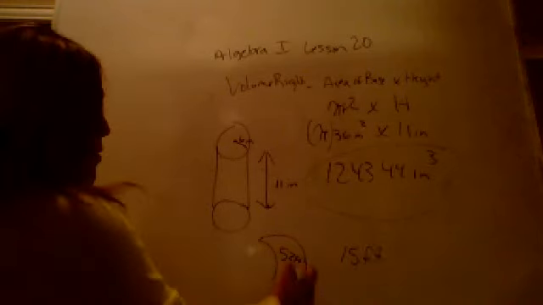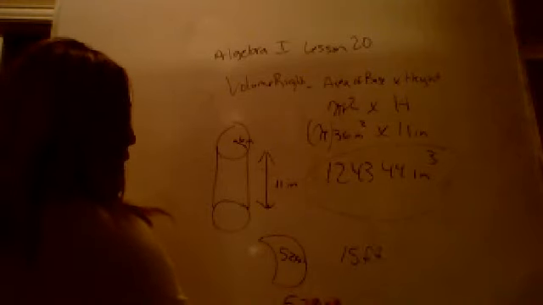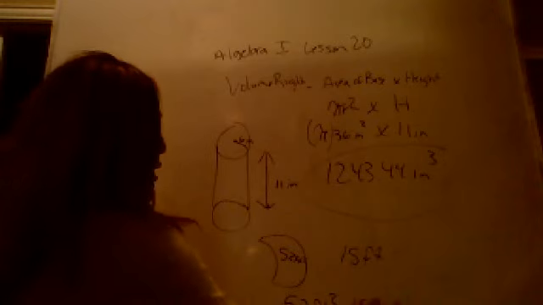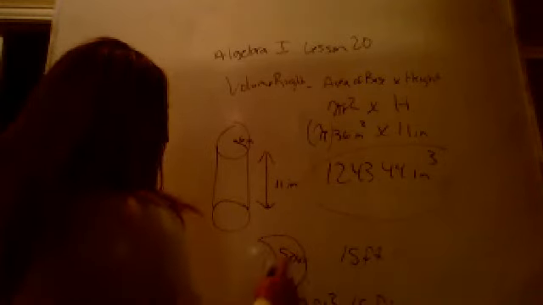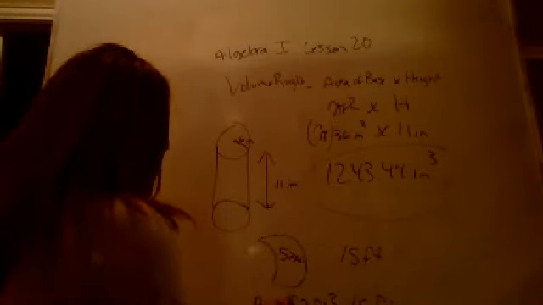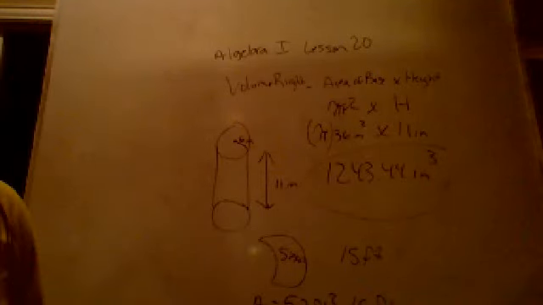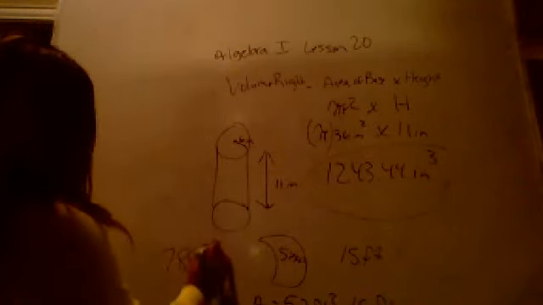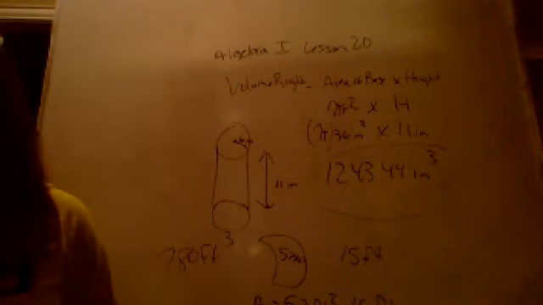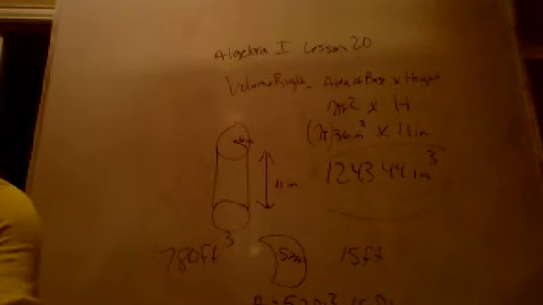Find the volume. Well, it's simply 52 feet square times 15 feet, right? Area of the base. They told us what it is. We don't have to calculate it. They told us the height. And it's simply 780 feet cubed.